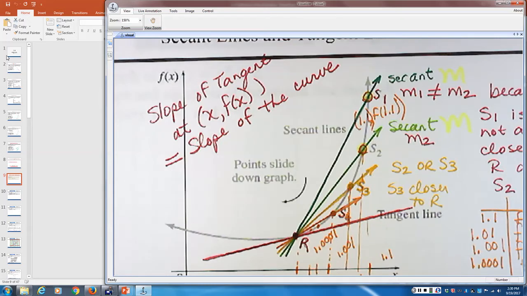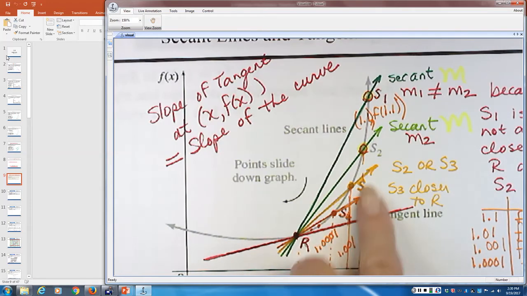This is how you can find the rate of change at any point on the curve. Everything before now, we talked about the slope of a line, because the slope of a line is constant. It never changes. But the slope of a curve changes every time you move forward or backwards on the curve.